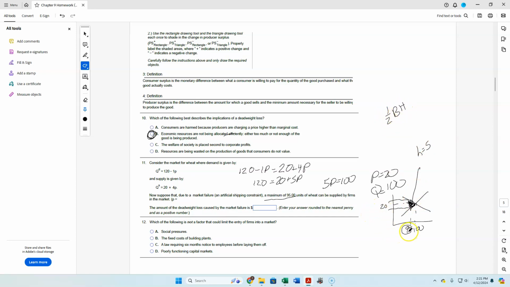So if I put in a quantity of 95, it's going to be 25. And then on the supply side, it'd be 95 equals 20 plus 4p minus 20, so it'd be 75 equals 4p, p equaling 18.75.